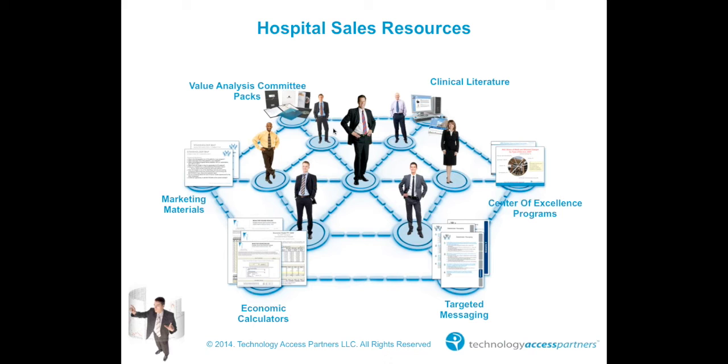So things like marketing materials, all the collaterals, messaging, any kind of patient finding programs, COE programs, all of those, in clinical literature especially, are part of the different tool sets that a salesperson has. The economic calculator, the economic sales model should be one of those particular tools.